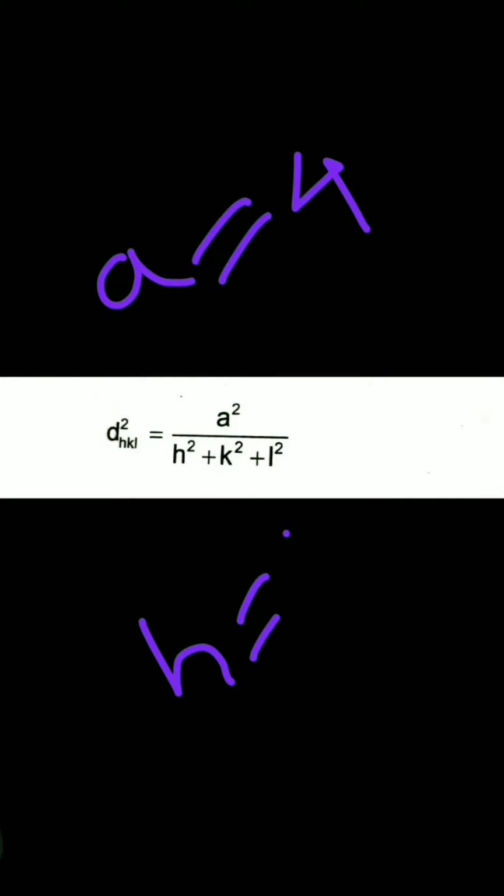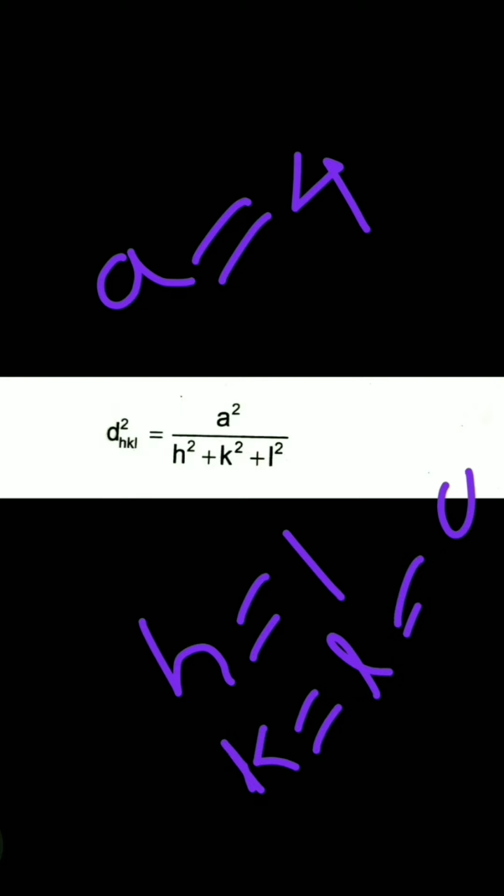Here a equals 4 and h equals 1 and k and l equal 0. By putting this value, we have d_hkl square equals 4 square divided by 1 square equals 16. So d_hkl would be 4, and 4 is the answer.